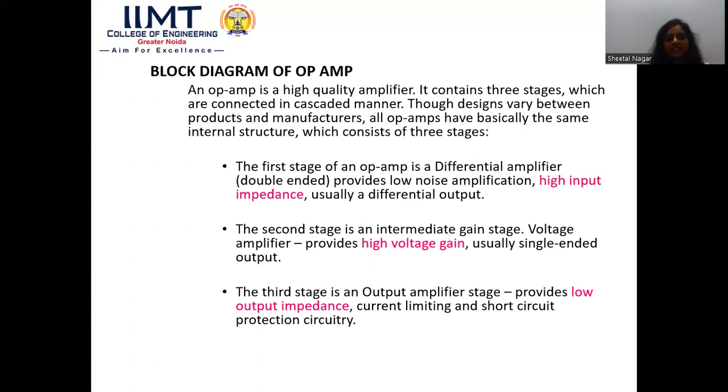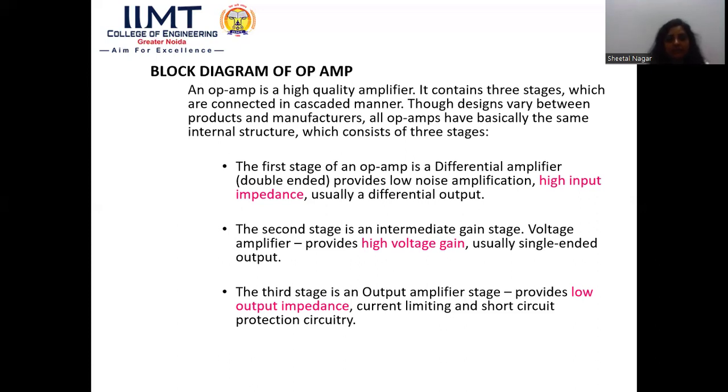The third stage is an output amplifier stage, which provides low output impedance, current limiting, and short circuit protection circuitry. At the first stage, we require a very high input impedance, and at the output side we require a very low output impedance.